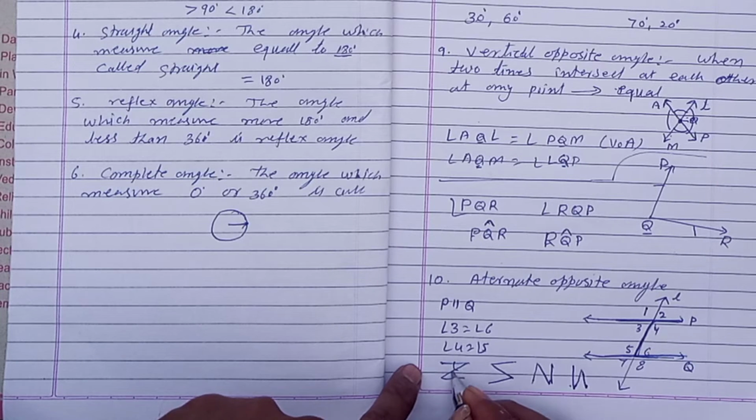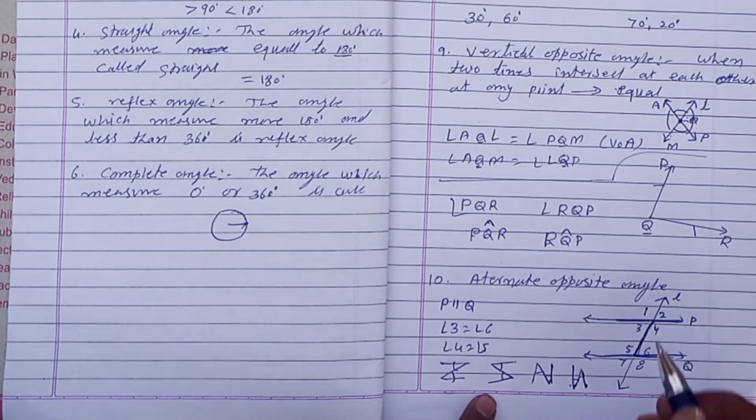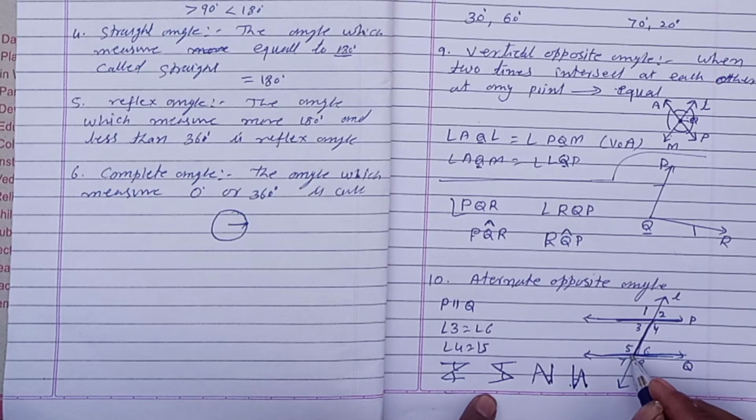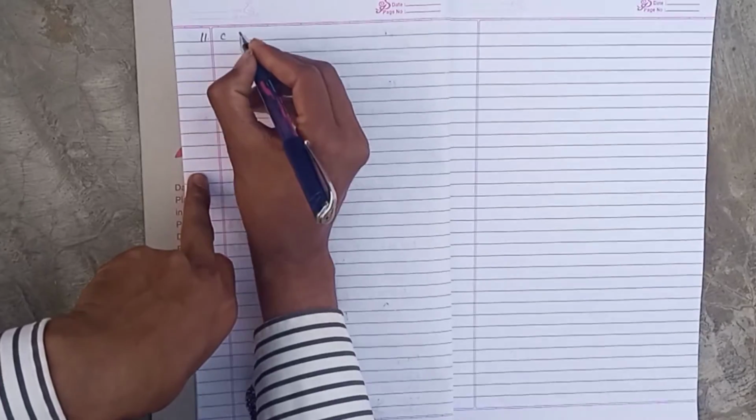So these angles which I marked are always called the alternate opposite angles. When the lines are parallel, alternate opposite angles are always equal.